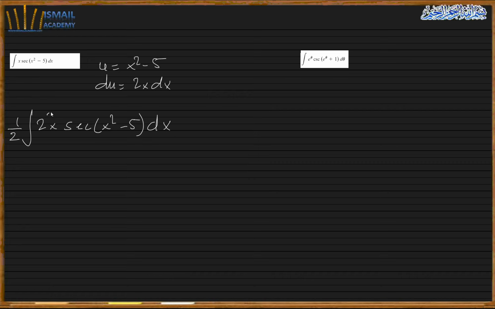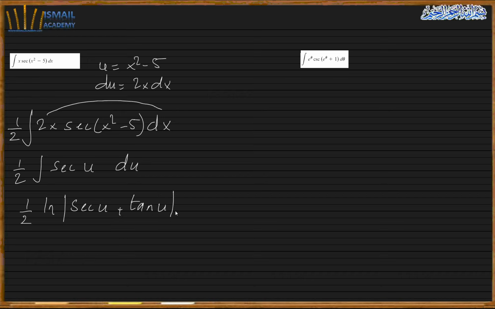So this is my du, so it's going to be half secant of u du, and we already know that integral of secant is ln, so it's going to be half ln absolute value of secant of u plus tangent of u plus c. Then substitute by its value, which is x squared minus 5, then we'll be done.